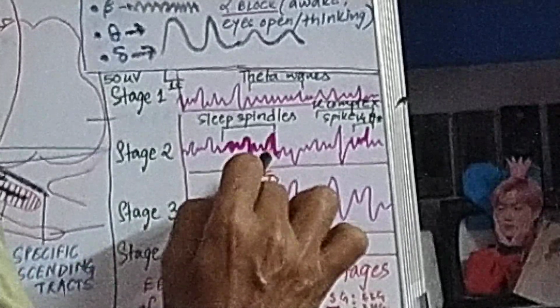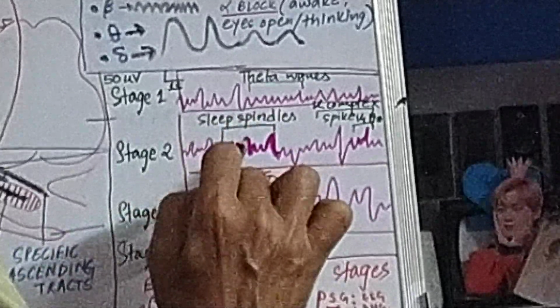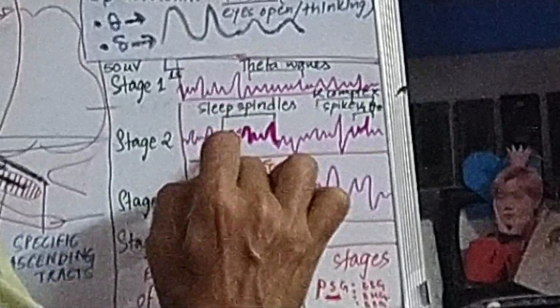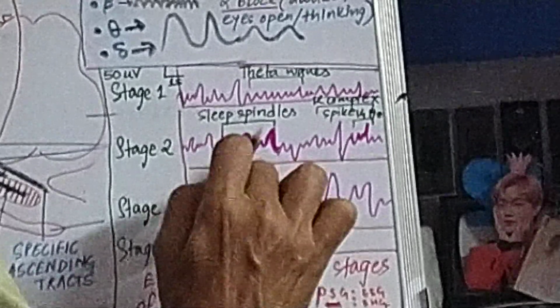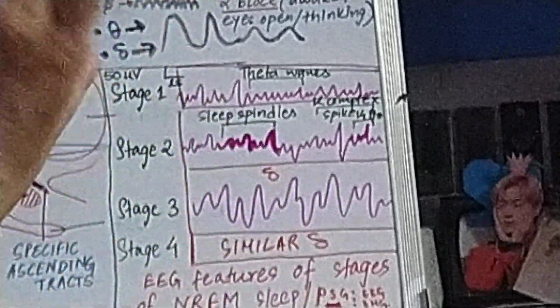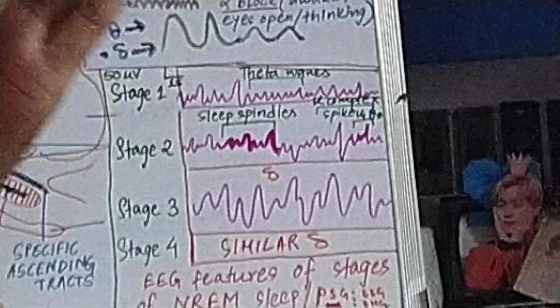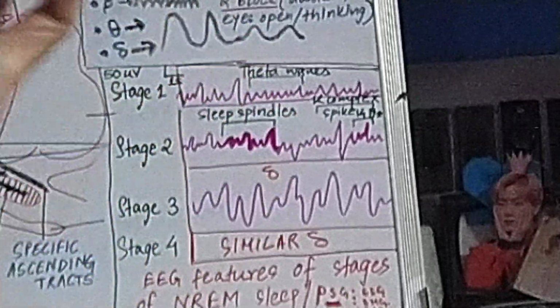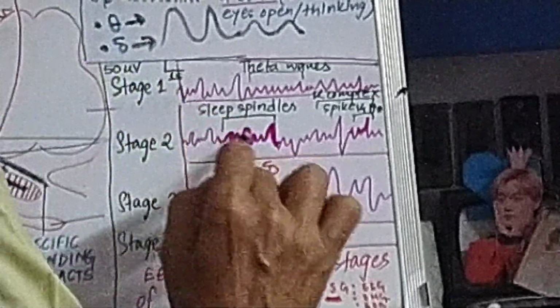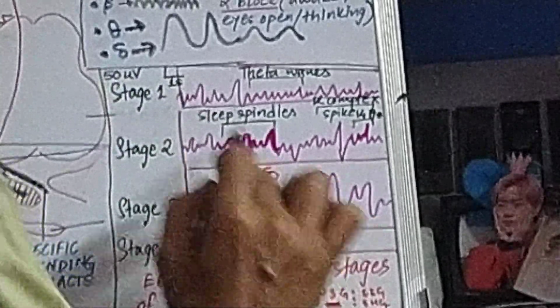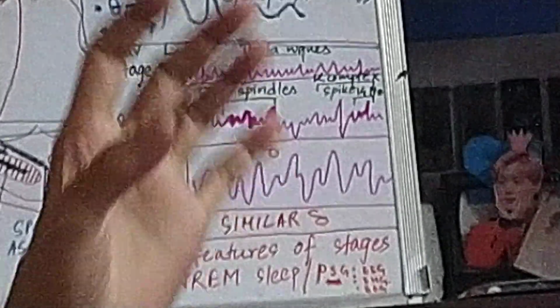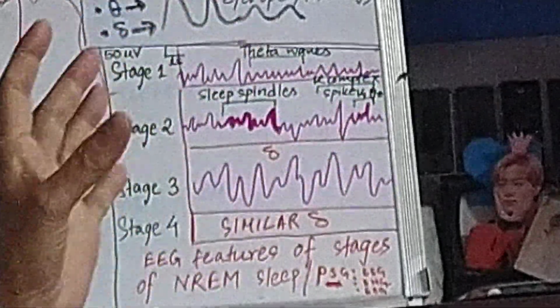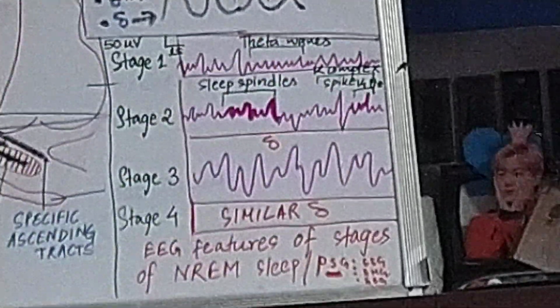This portion is known as the sleep spindles, where high voltage or high amplitude waves are seen, juxtaposed to each other in such a manner that they are fused waves, giving this bold impression over here. The sleep spindle is a very, very important characteristic feature of stage 2 of NREM sleep.